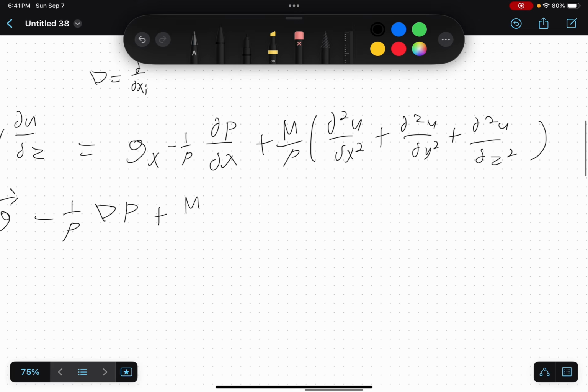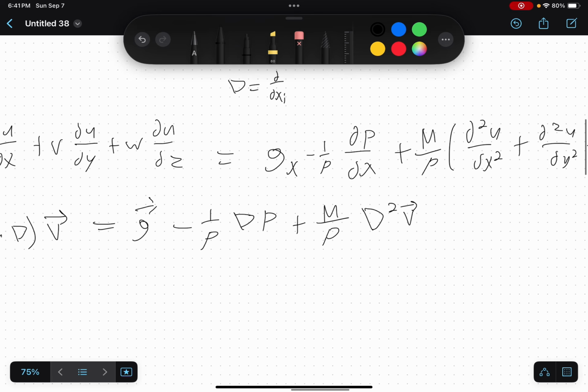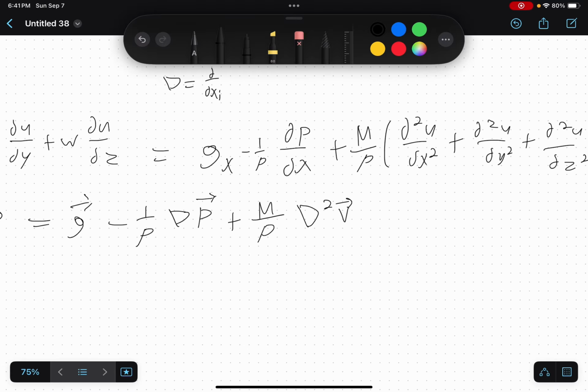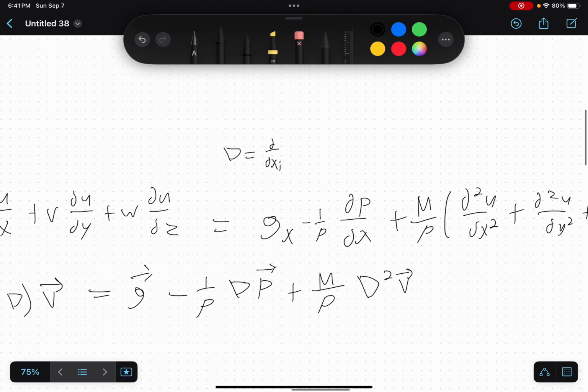Plus mu over rho. This whole term can be written as grad squared of v. P is also an arrow. Okay. And grad squared is, what would it be?